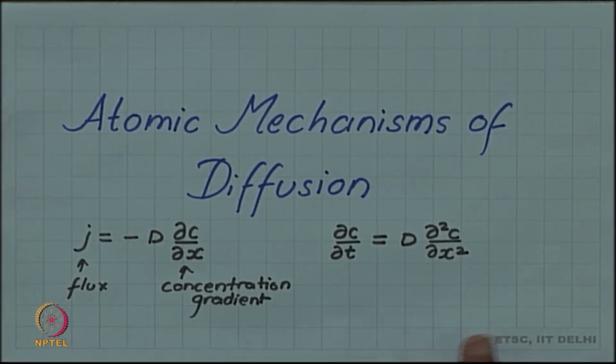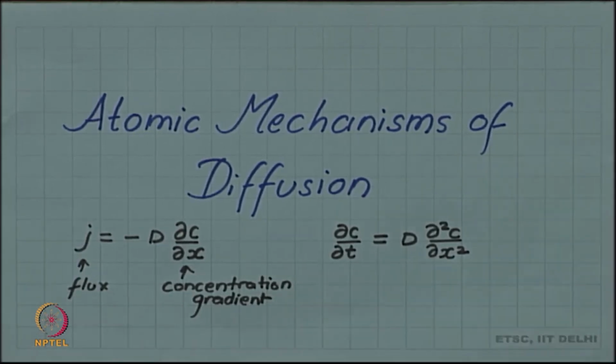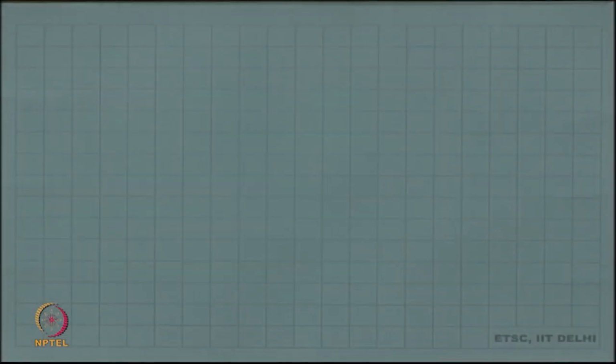So, it is important to look at the diffusion process in terms of what atoms are doing inside the crystal, how actually the atoms move to create this diffusion, to create a change in concentration with time, which is in the part of the second law, and so on. So, we will look at the atomic mechanisms.